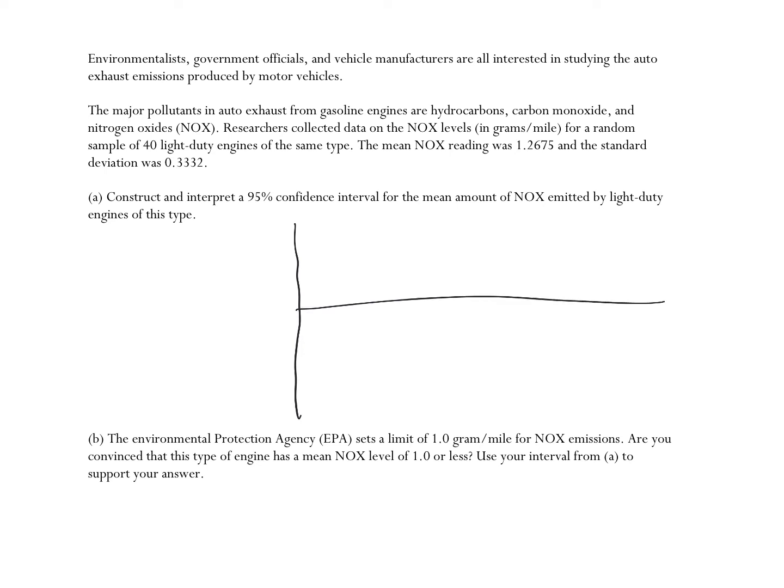In this case, we're doing a 1 sample t interval for mu. Then we need to define what mu is, right? So what is mu? It's the true mean nitrous oxide rating.